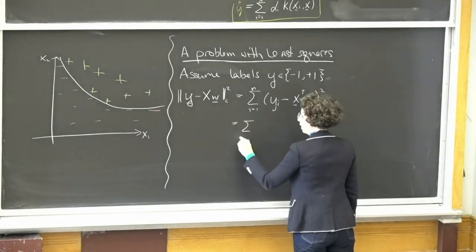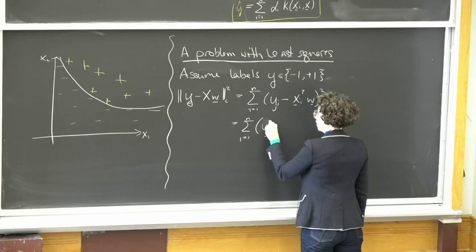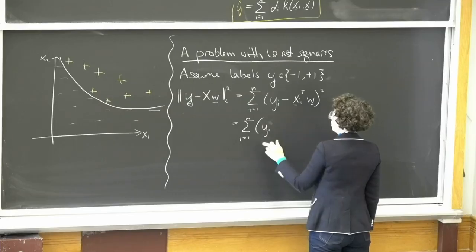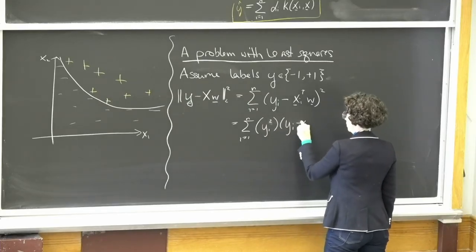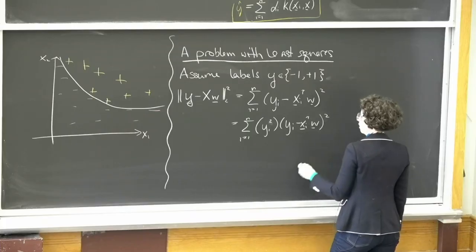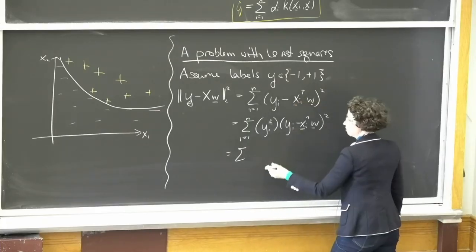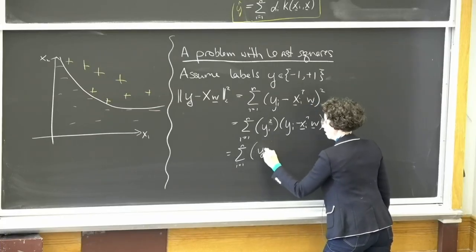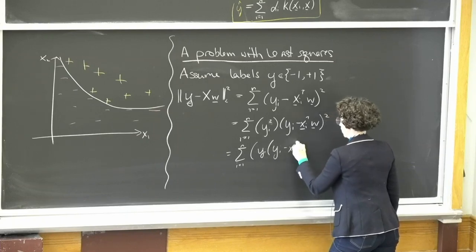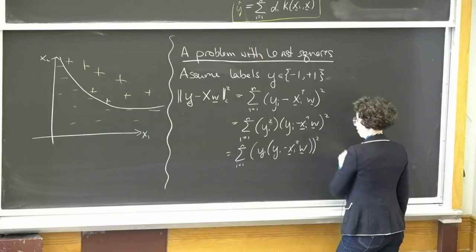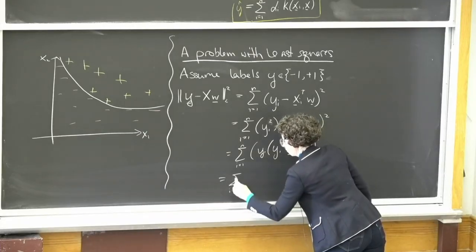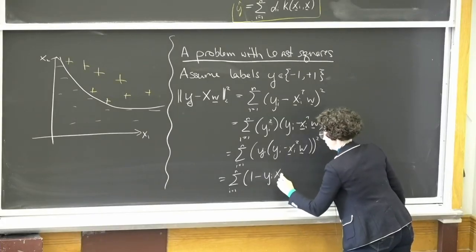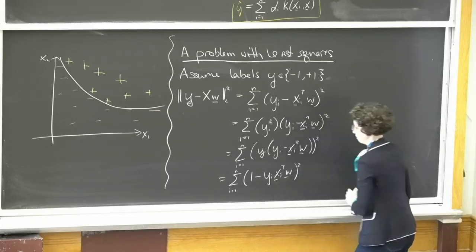So this is the same as the sum from i equals 1 to n of yi squared times (yi minus xi transpose w) squared, which is the same as, now I'm just going to pull the yi into this square, (yi times (yi minus xi transpose w)) squared, and multiplying through, I'm going to get (1 minus yi times xi transpose w) squared.